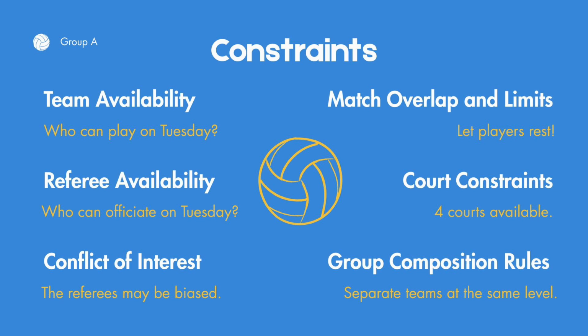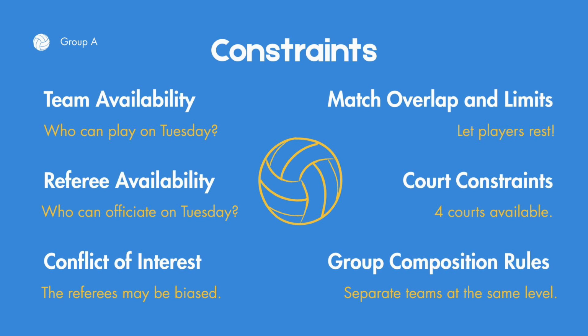These are the rules our schedule must follow. First, matches can only happen on days when both teams are available. Next, referees must be available and they can't be assigned to more than one match per day. We also enforce conflict of interest rules, meaning a referee cannot officiate matches that involve teams from their own department.